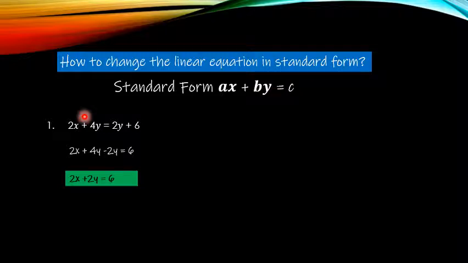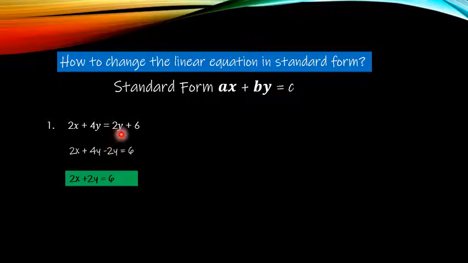subtraction property of equality. Why the subtraction property of equality? Because the 2y, we need to put it here. The opposite of 2y is negative 2y, so we subtract 2y.